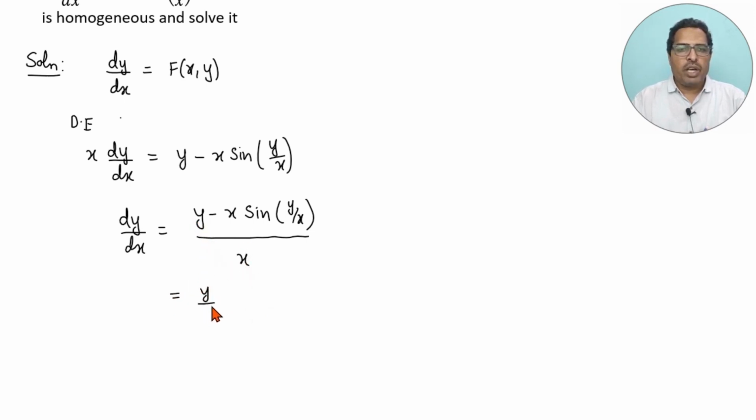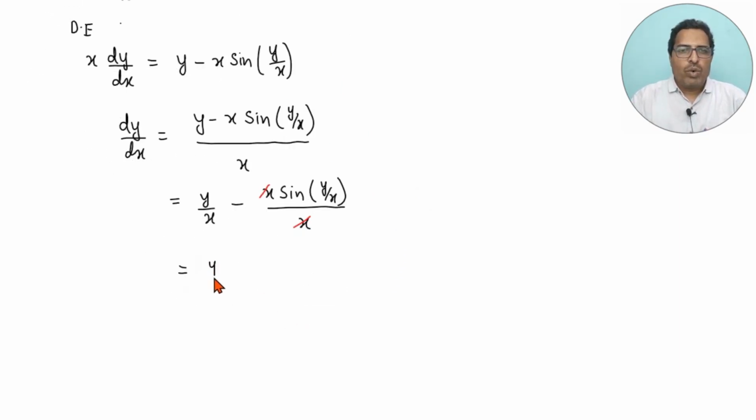We get y by x minus x sine of y by x, it is whole divided by x. We see that this x and x will cancel out. So what will be left now? y by x minus sine of y by x.